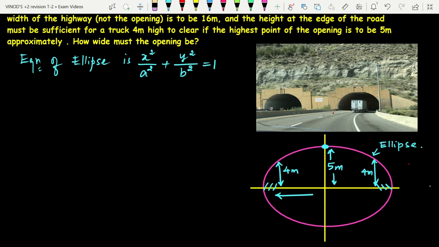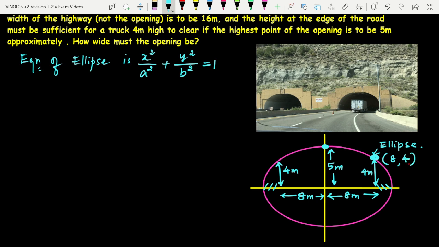Now this 16 meters is divided into 2 equals. So on the left side we will have 8 meters, and on the right side it is 8 meters. So this point on the ellipse, the coordinate can be written as horizontal distance comma vertical distance.